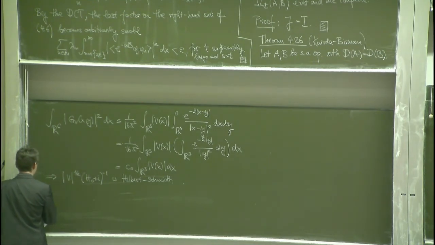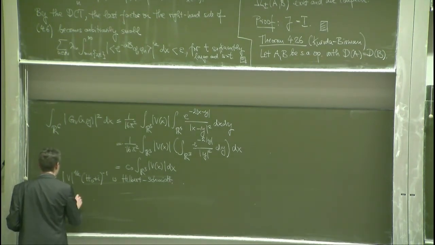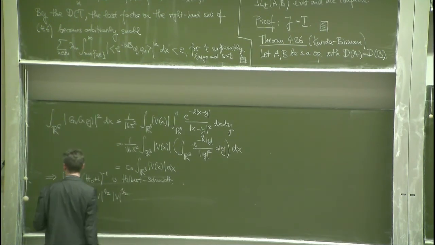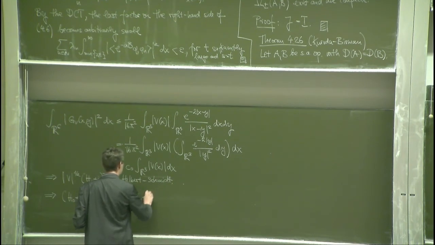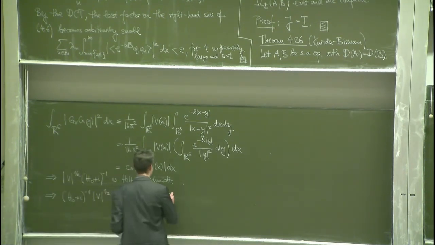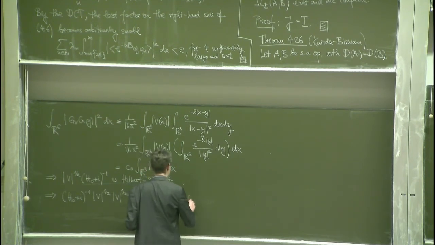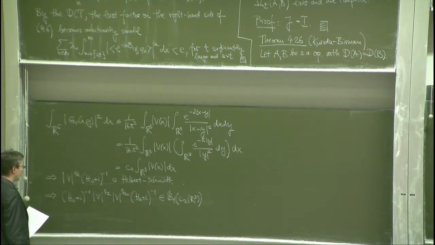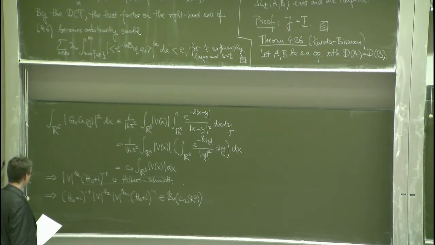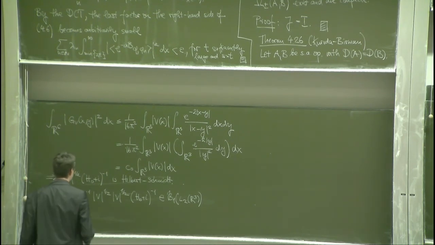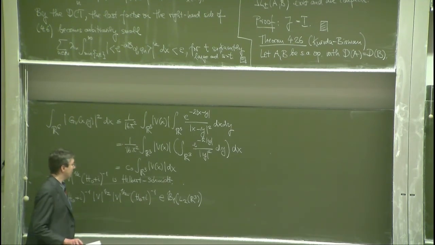And in consequence, we find that the operator (H0 + I)^(-1) times square root of V, times square root of V, times (H0 + I)^(-1) is trace class, simply from the fact that the product of two Hilbert-Schmidt operators is trace class. Here we have the adjoint of this object, and the Schatten-von-Neumann classes are ideals. So this is again a Hilbert-Schmidt operator. This is Hilbert-Schmidt, and then the product is trace class.